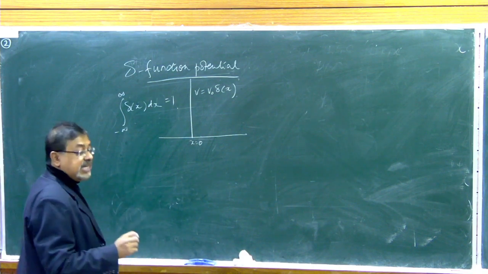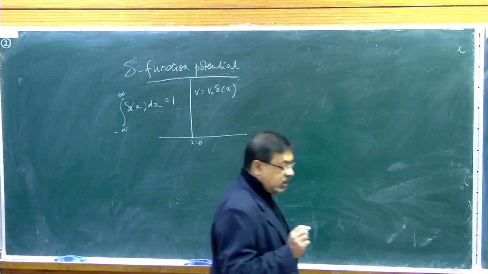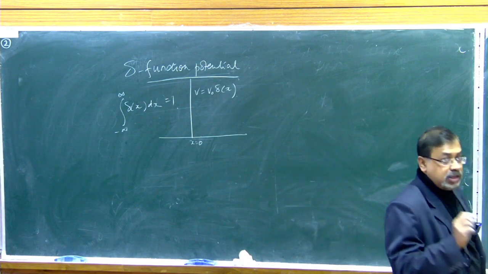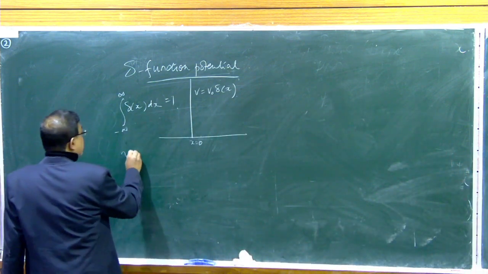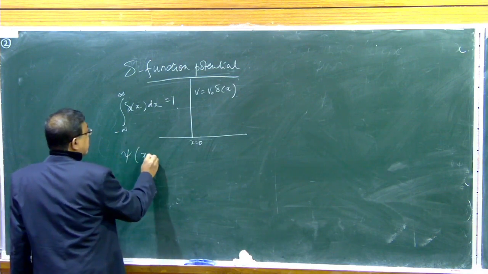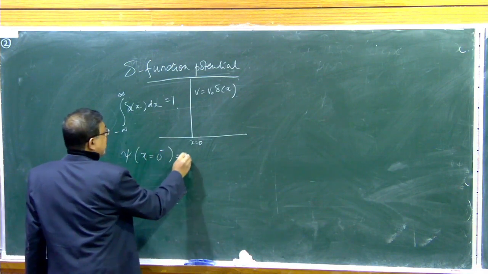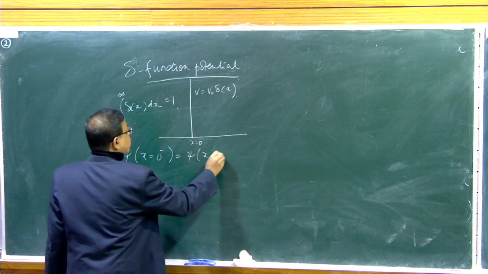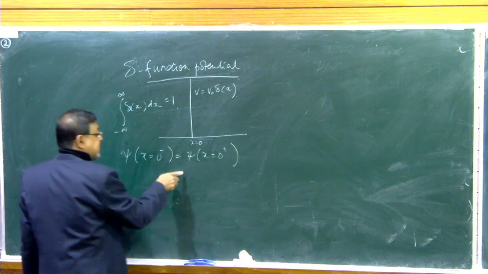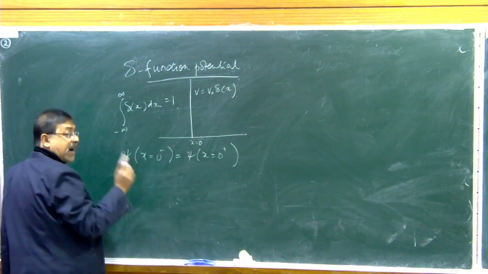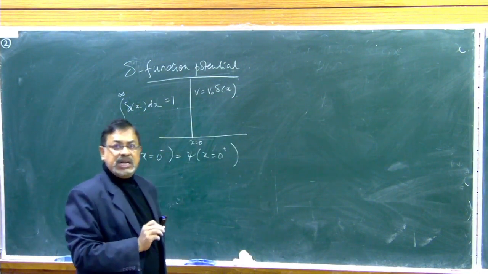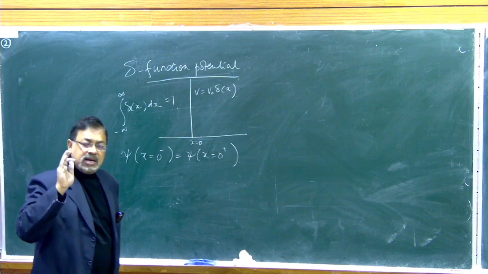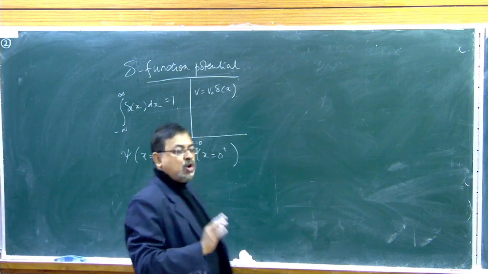So, this is a very important thing for us in quantum mechanics: the boundary conditions. The boundary conditions say that psi at x equal to 0 minus is psi at x equal to 0 plus. This is valid here also, but for an infinite potential discontinuity, the derivatives are not continuous.